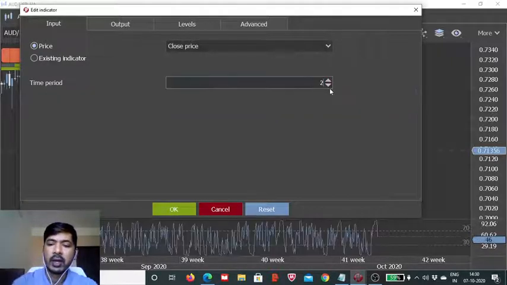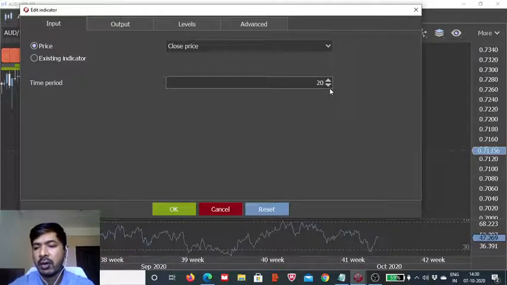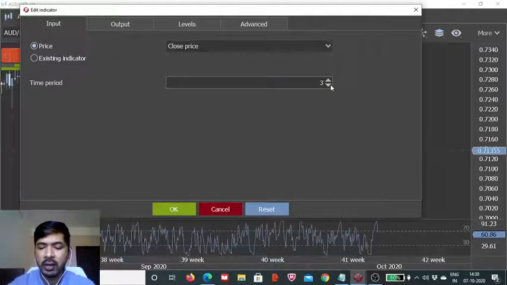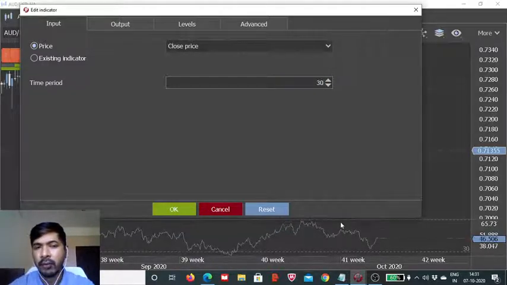Now if we make it 20, 20 is something like this. 20 is a longer time period than the 14 or for 10 for that matter. We can even increase it further. So 30 period RSI will look something like this.